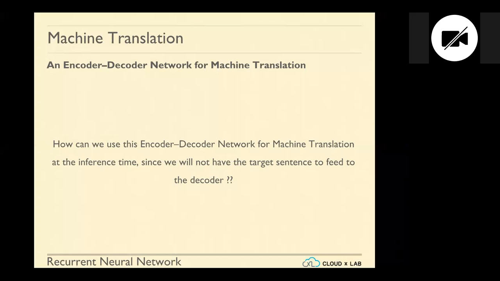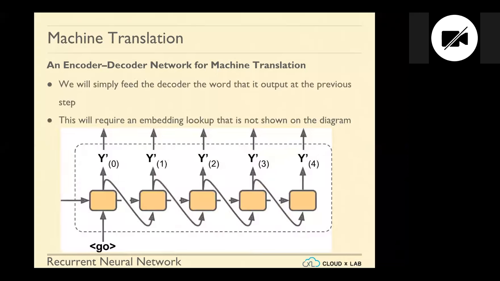We'll simply feed the decoder the word that it outputs at the previous step. This will require an embedding lookup that is not shown in the diagram.